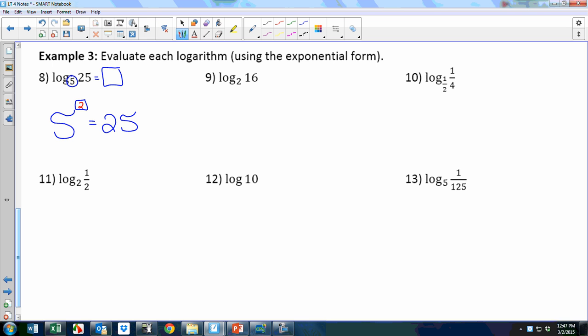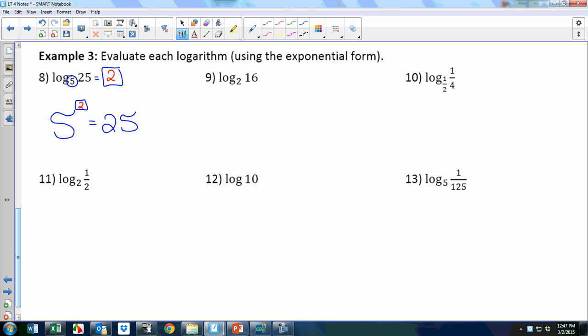So in other words, log base 5 of 25 is 2. On the board earlier, and they can't see this on the video, the example was log base 4 of 16. So 4 to the what makes 16? 2. So that answer is 2. And like I said earlier, it would be that easy once we go through the notes.